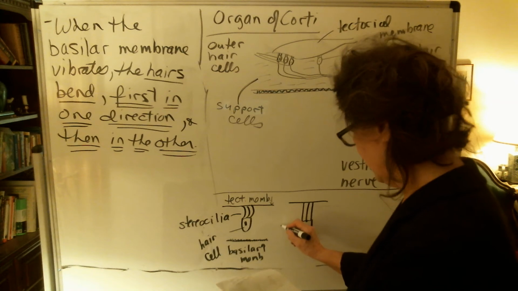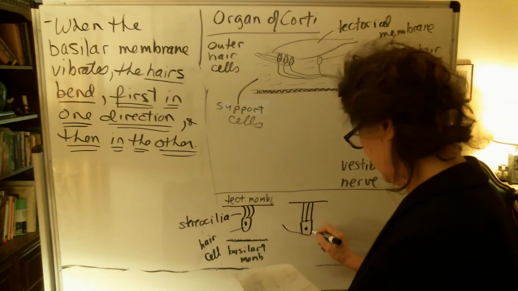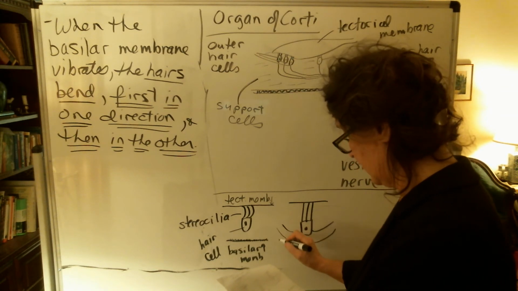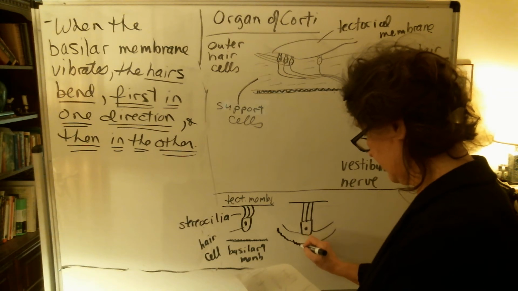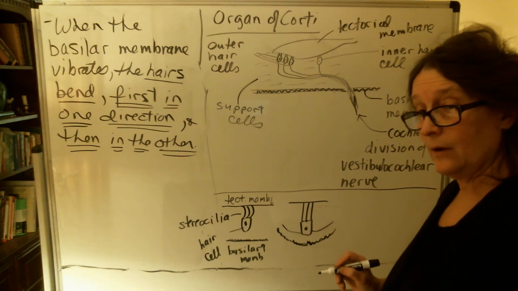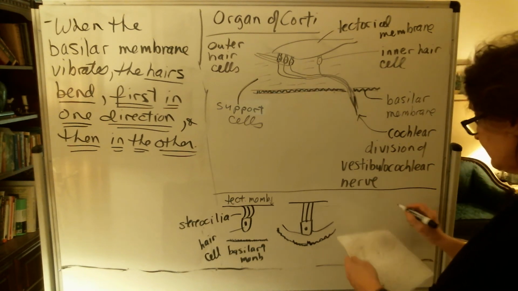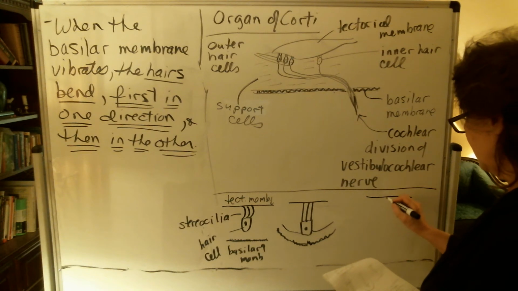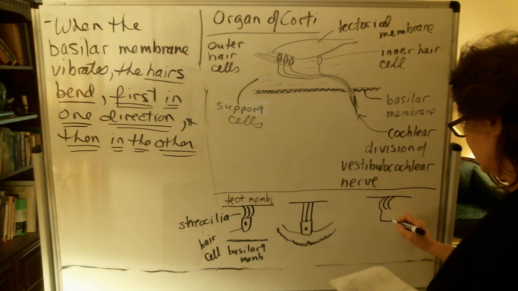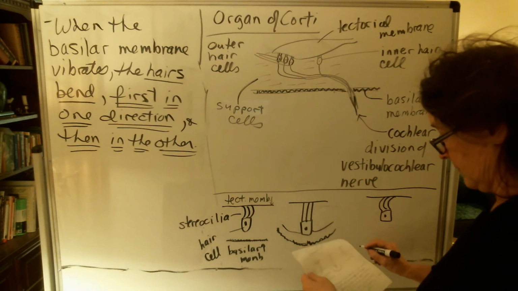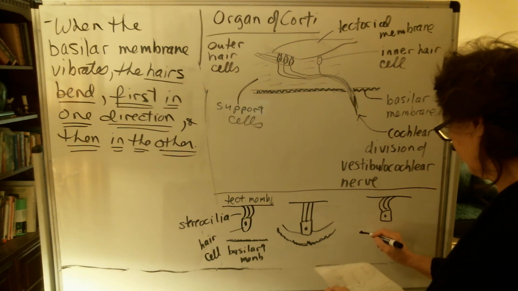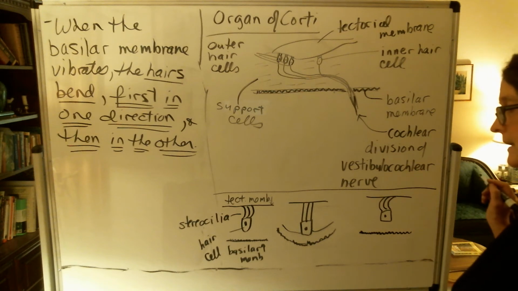Here we are. The whole thing gets bent. The whole thing is bending down. Here's the basilar membrane bending down. And then, when that wave passes, the hairs bend in the other direction.